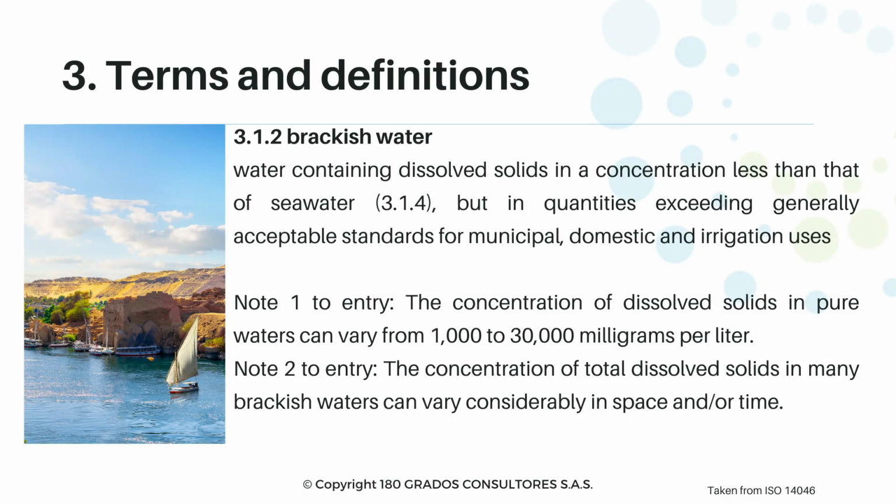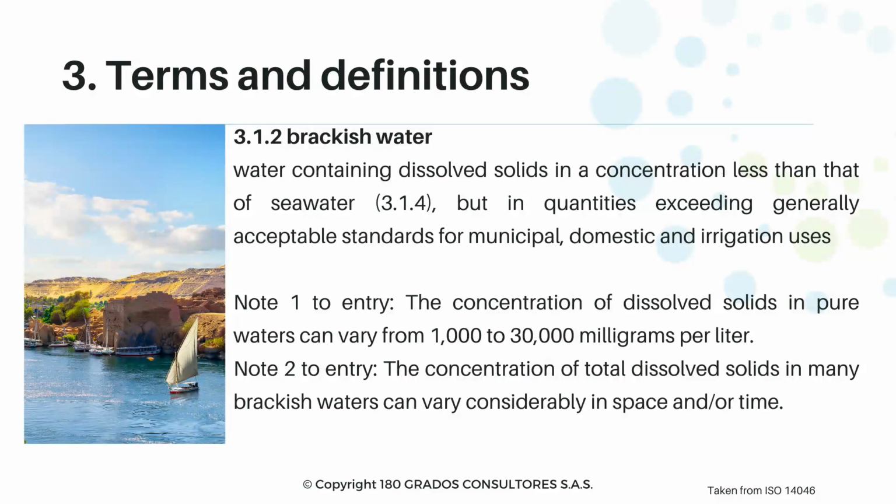Continuing our exploration of the ISO 14046 standard, understanding the concept of brackish water is important. Brackish water is defined as water containing more dissolved solids than fresh water but less than seawater. This makes brackish water a unique category in terms of quality and potential use.